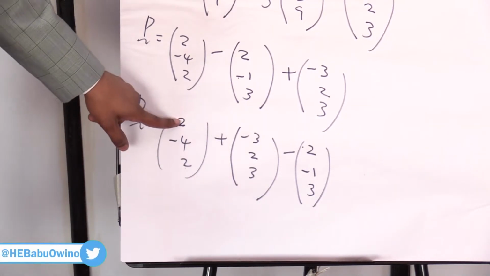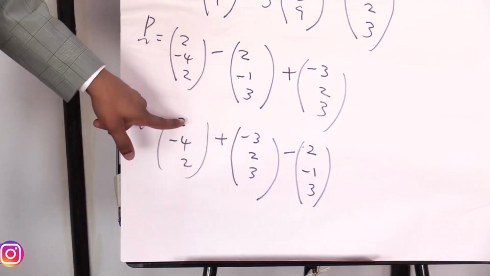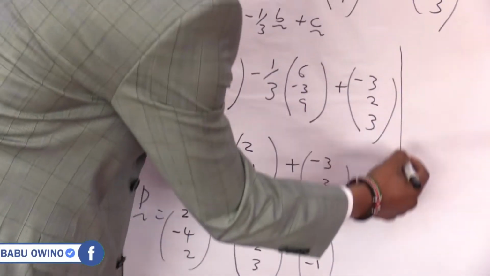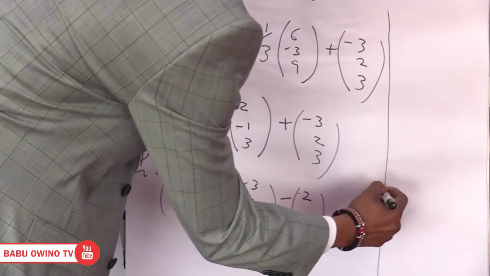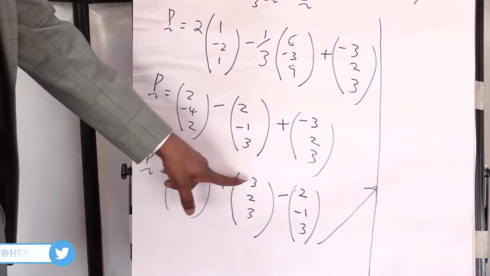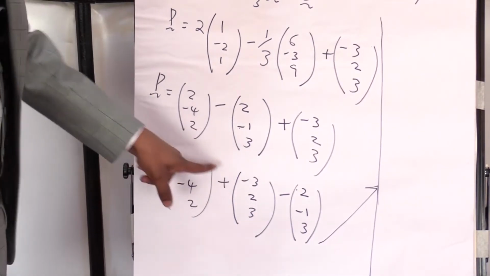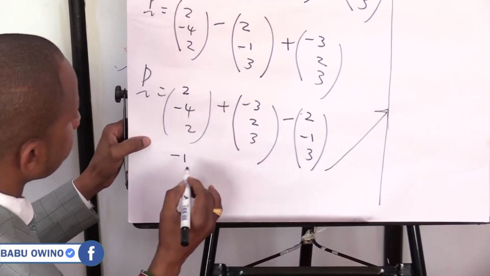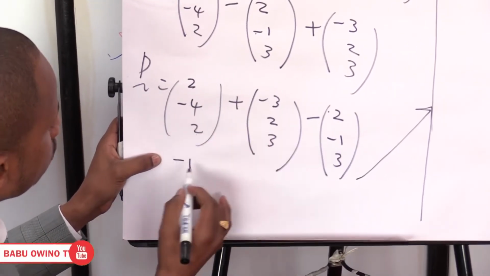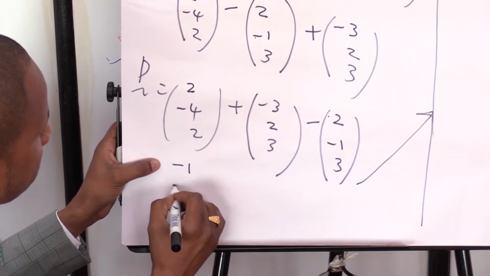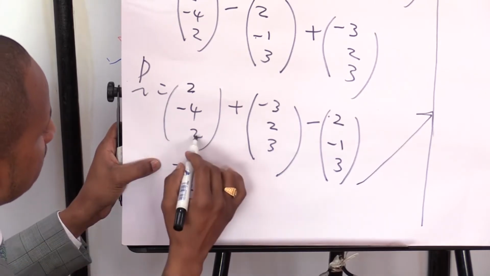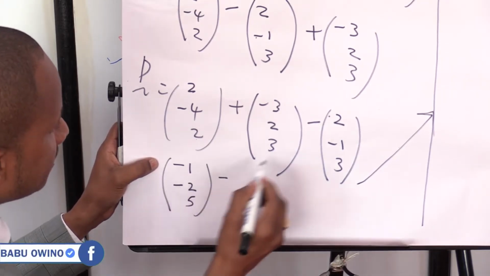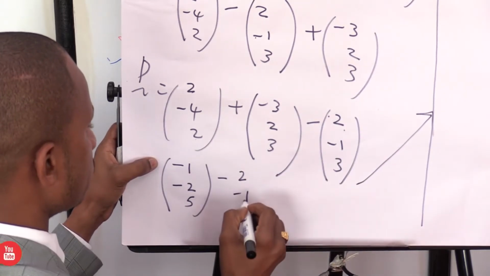So from here, 2 plus minus 3 is the same as 2 minus 3, which is minus 1. Then minus 4 plus 2 is the same as 2 minus 4, which is minus 2. Then 2 plus 3 is 5. This minus the value here, 2, minus 1, 3.